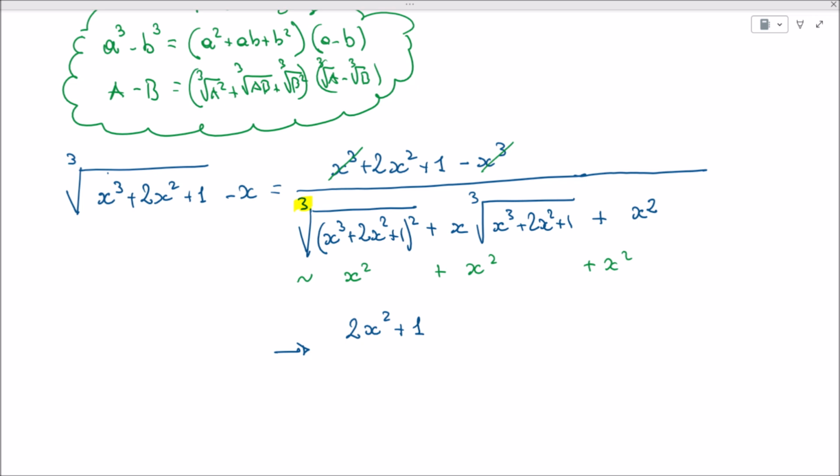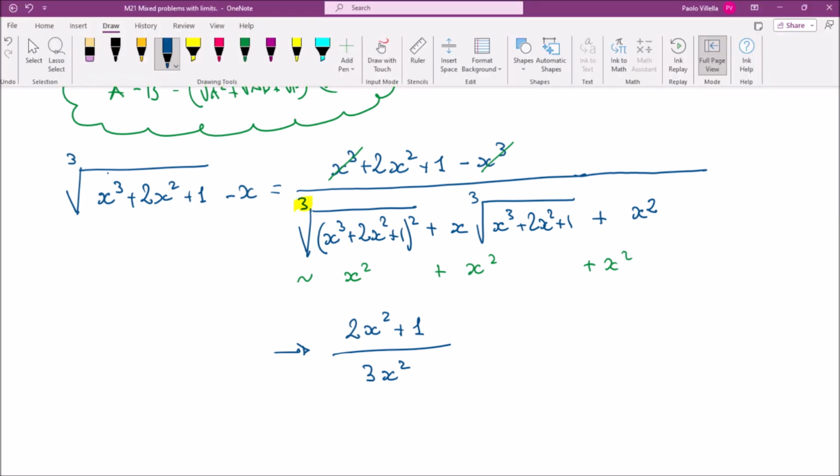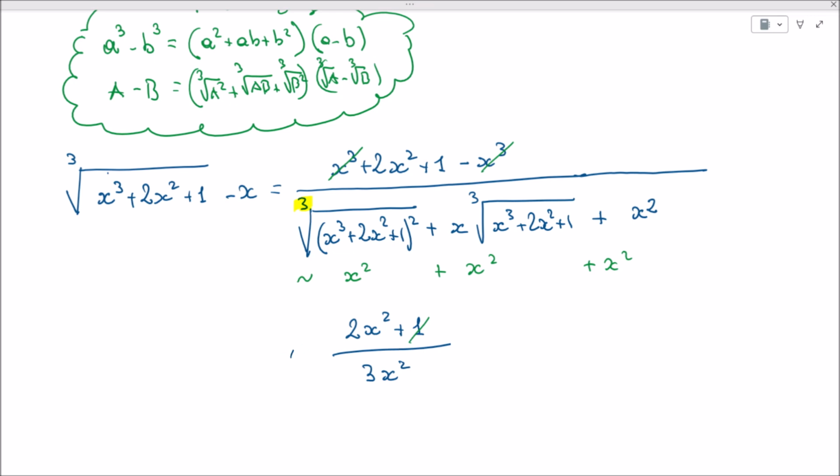But because 1, of course, can be neglected when x goes to plus infinity, we can get rid of it, and I will just replace this with this approximation symbol, and we can conclude that this limit is indeed 2 divided by 3.